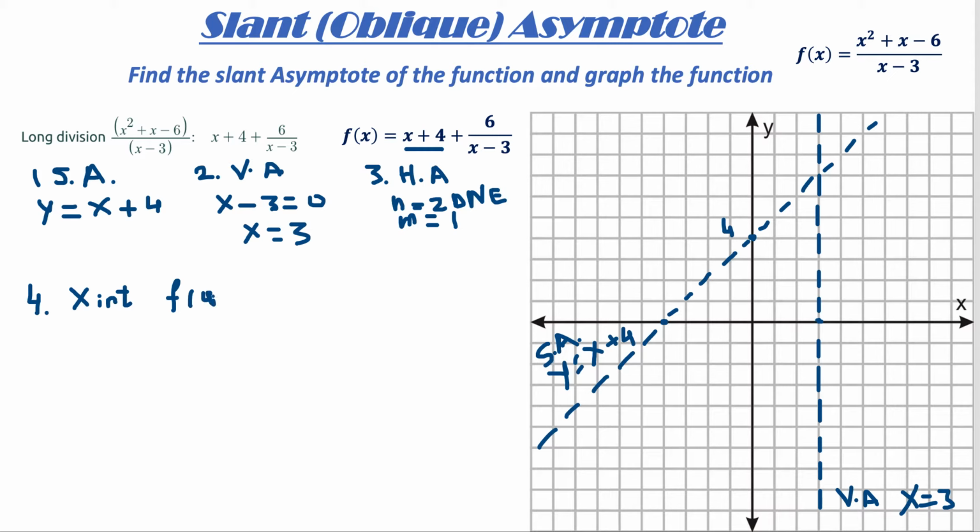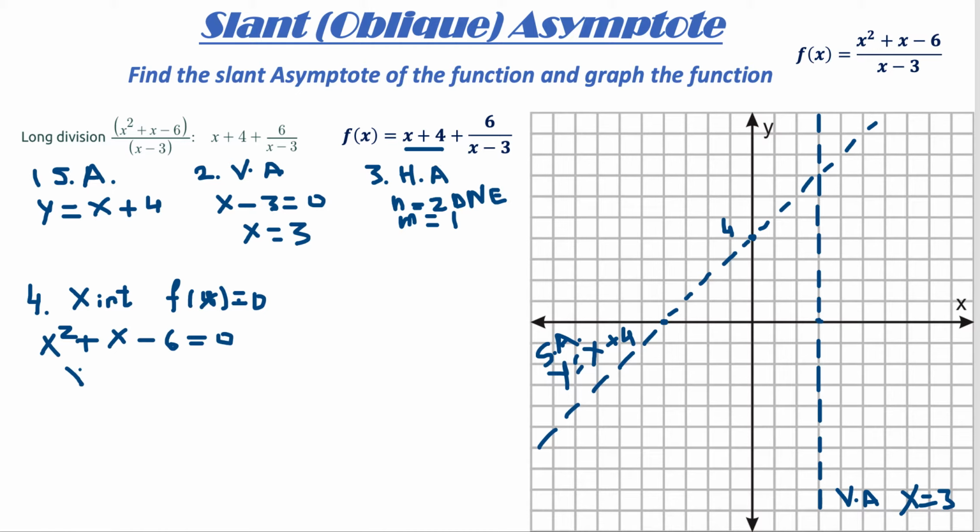We take the numerator, which happens to be x squared plus x minus 6, equal to 0. And now we are solving this, first of all by factorizing, solving for x, and those x are going to be the intercepts.